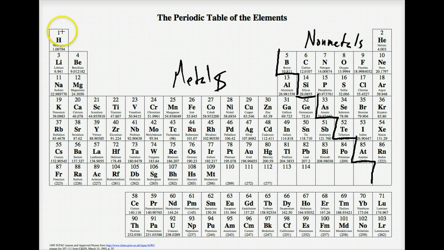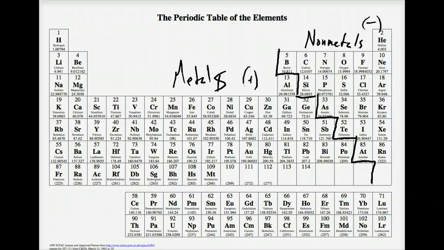The only exception is H is a non-metal. And you must know that the metals tend to form positive ions, and the nonmetals tend to form negative ions. They don't have to be an ion, but when they're an ion, the left side of the periodic table, the metals, tend to form positives, the right side negatives.